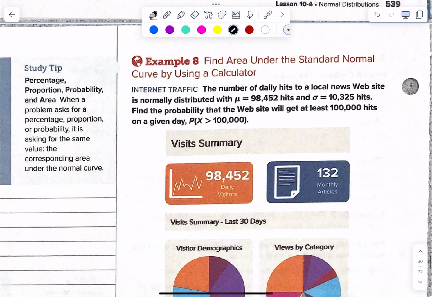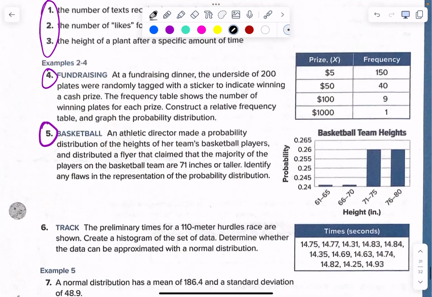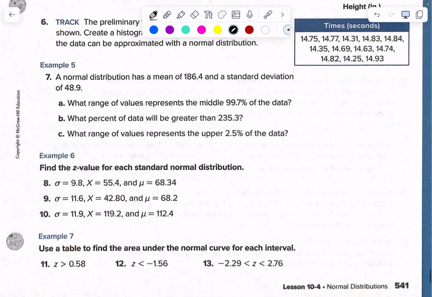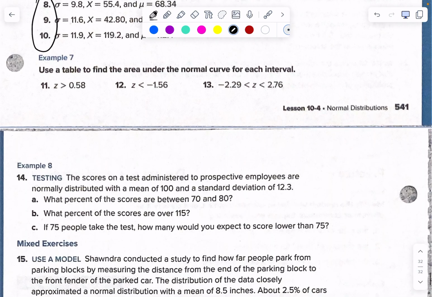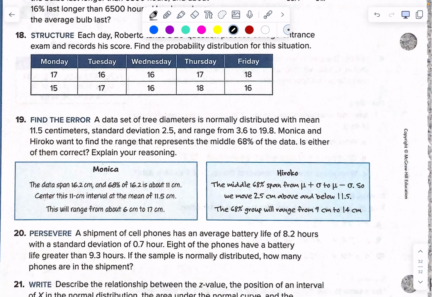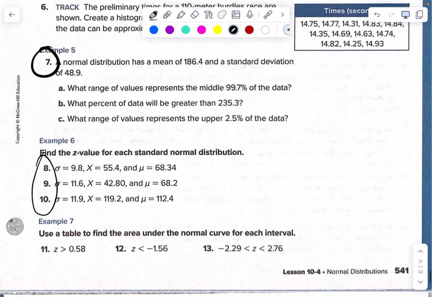Owen, how tall are you? 5'8". Stand next to this so we can see. Are you really 5'8"? Owen, you capping. Owen's a little taller. There's no way, Owen.